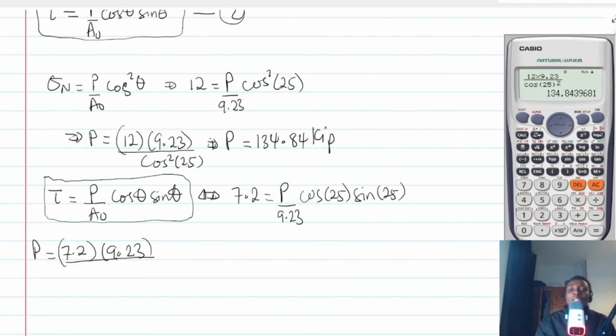Then we divide everything by cosine 25 and then sine 25. And that will give P as what? 7.2 multiplied by 9.23. Then I divide by cosine 25 multiplied by sine 25.